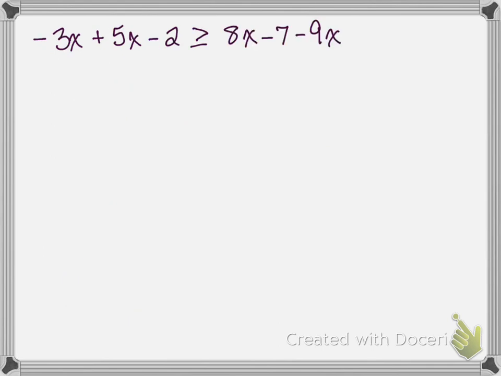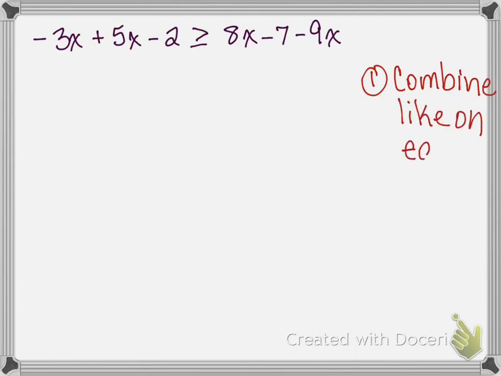Okay. Now, here we have x's all over the place. The first thing that I would do in this problem right here is I would combine like terms on each side. Okay? So I've got a negative 3x and I've got a positive 5x.